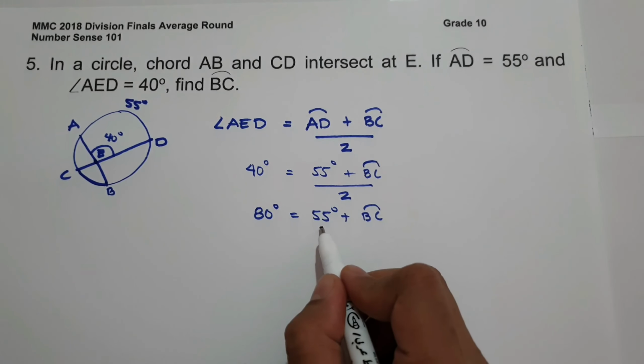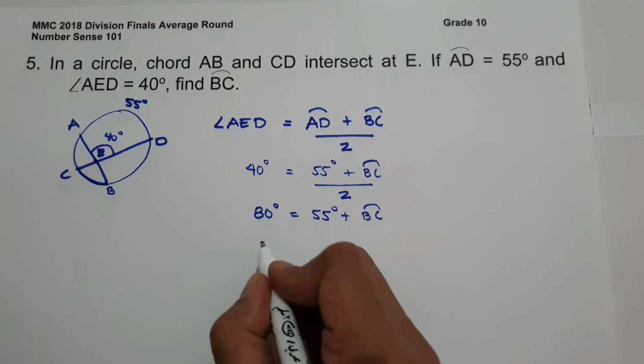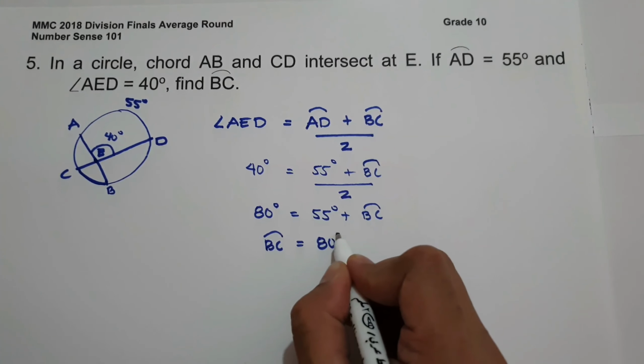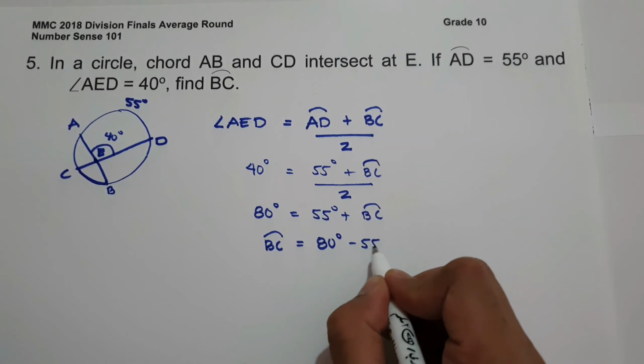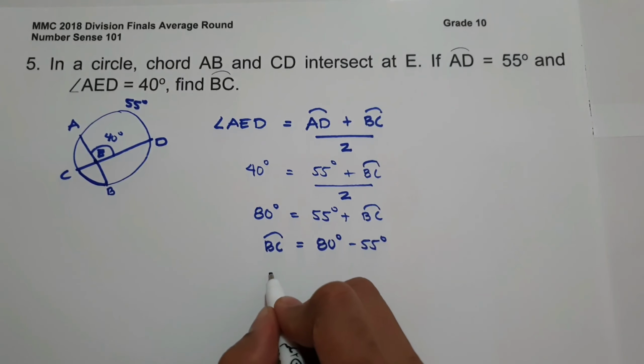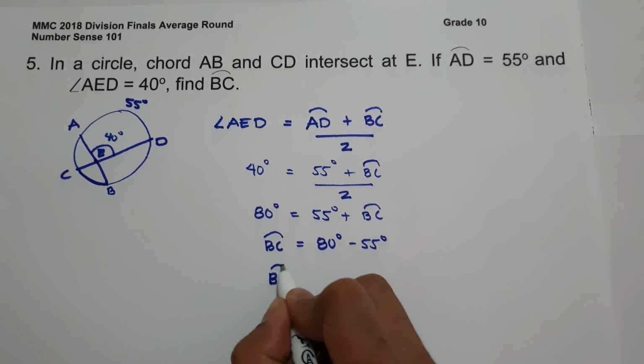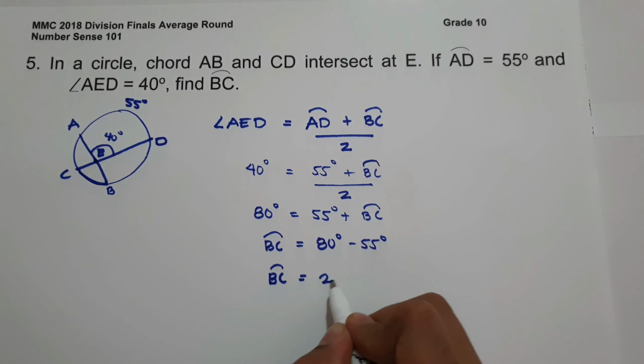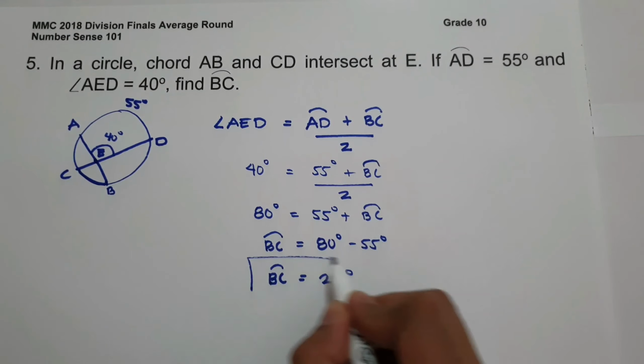So let us move 55 degrees to the side of 80 degrees. It will give us BC equals 80 degrees minus 55 degrees. So the measure of arc BC is 25 degrees, and this will be our answer.